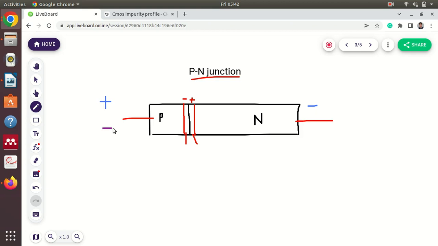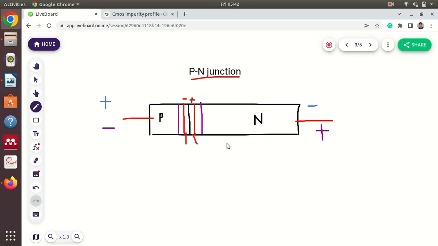Suppose I have another case where this side is negative and this side is positive. Now what happens? Here is already the positive side and here is already the negative side. Because of this negative terminal, the electrons present here experience repulsion, and the electrons from here get accumulated here, so the barrier voltage can increase.